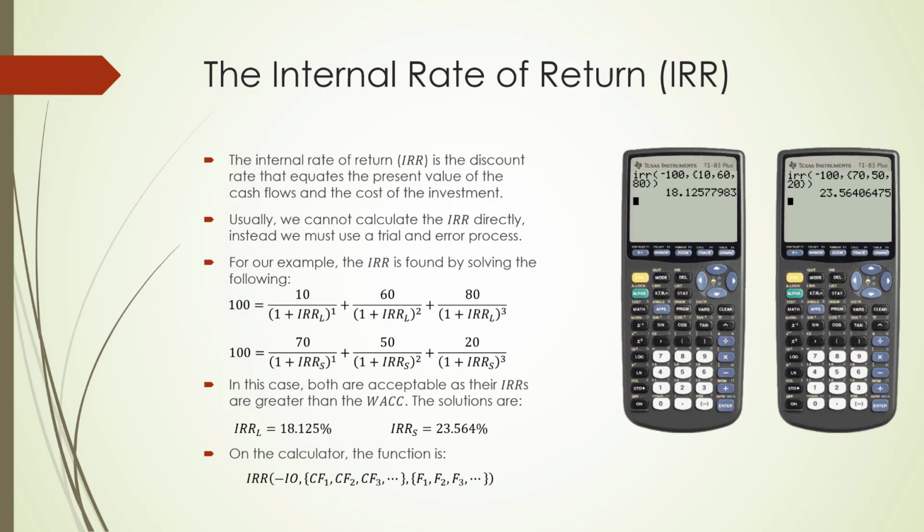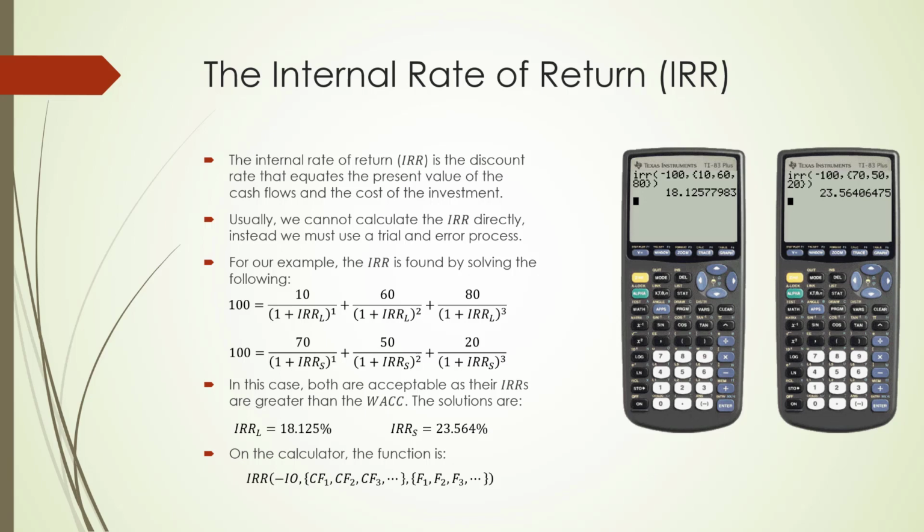So on the images of the calculators here, you can see for franchise L, I have IRR, which is number 8 in the finance list. I have IRR, and then in parentheses, negative 100, comma, and then in curly braces, 10, 60, 80.